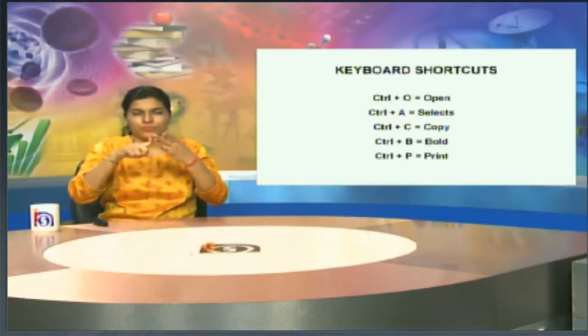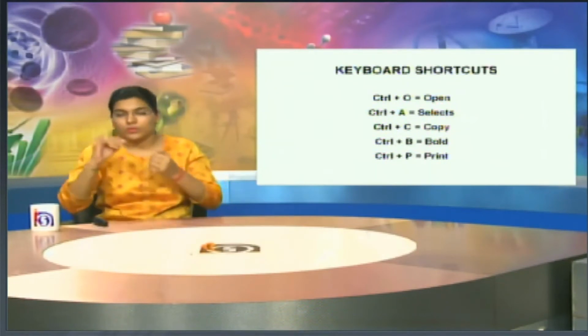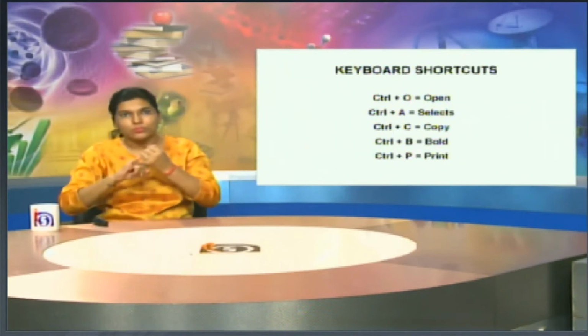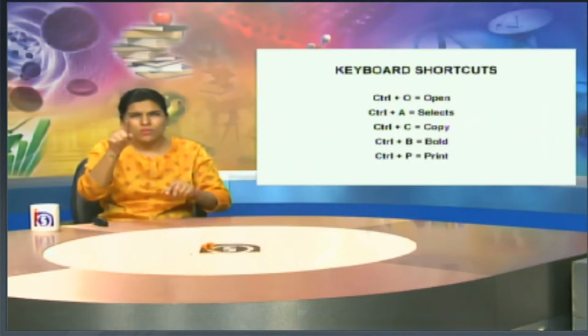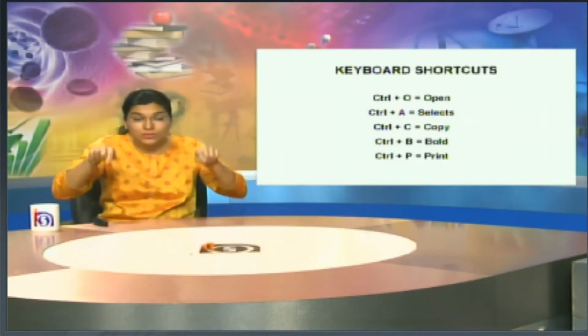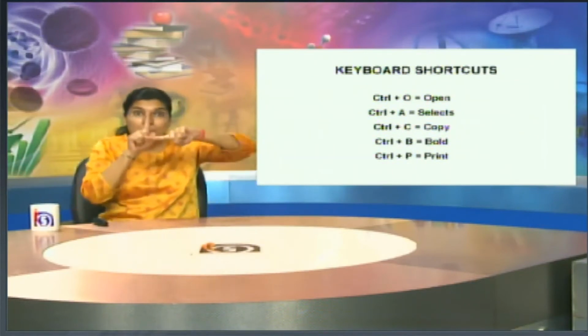Now, the keyboard has some alphabets, and also some shortcuts which we are now going to discuss and understand. Like you all are working, you know there is some Ctrl button, Control.